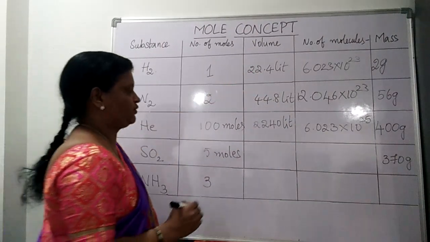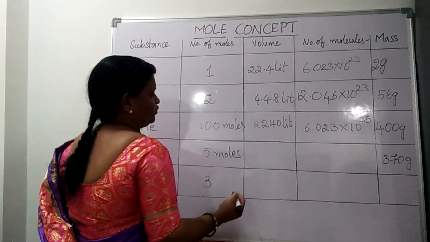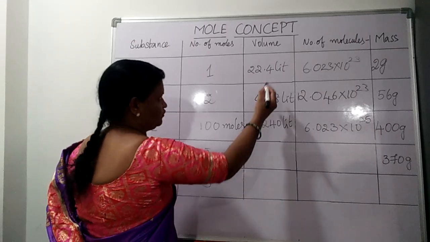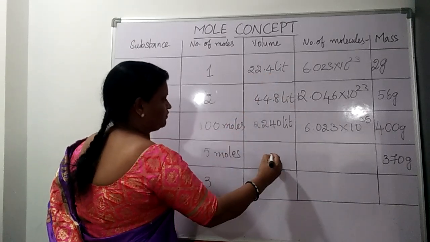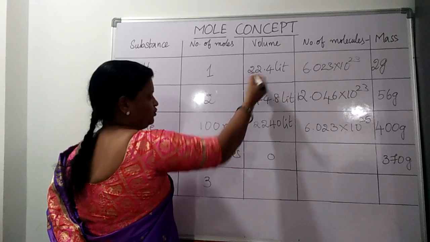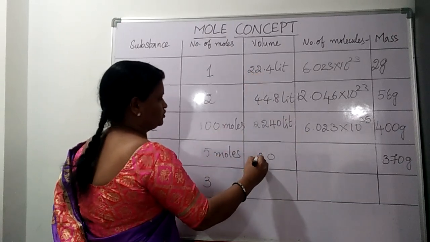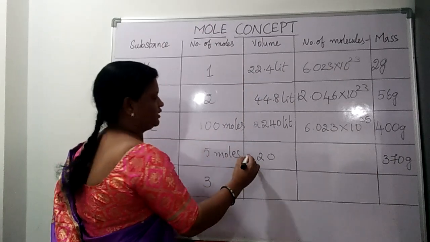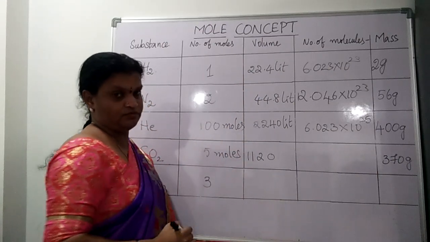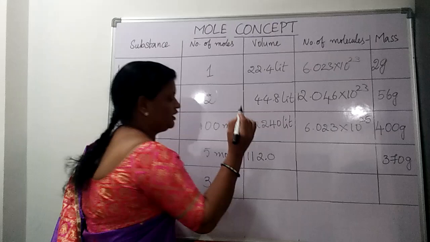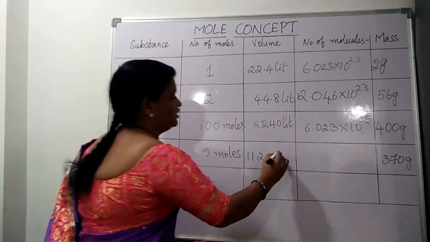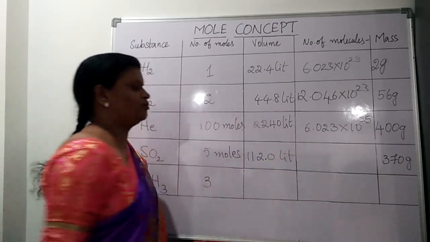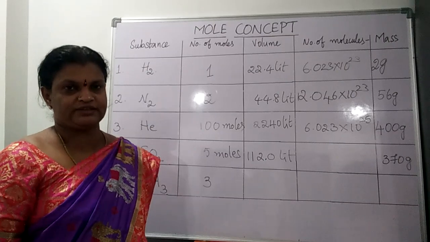So what is the answer we are going to get here? 22.4 into 5 means 4 into 5 20, 2 into 5 10 plus 2 12, again 2 into 5 10 plus 1 11. 112 liters. 112 liters of volume is occupied by 5 moles of sulfur dioxide gas.